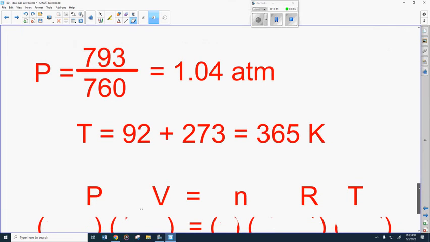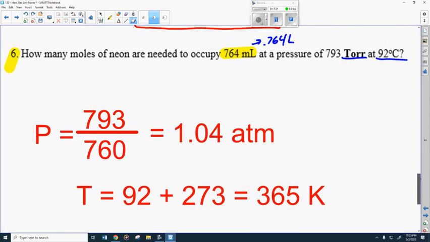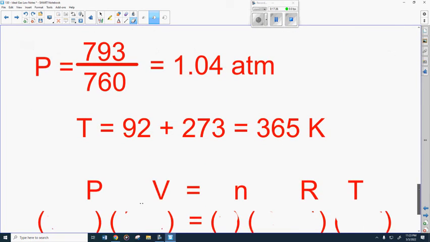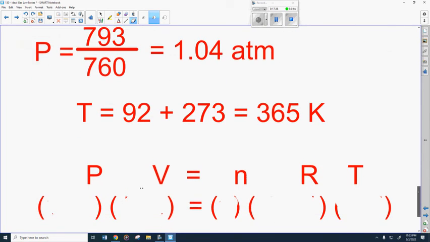So now I'm ready to plug everything in. I had 3 conversions there: milliliters to liters, torr to atmospheres, Celsius to Kelvin. So be careful. If you goof up any one of those and forget to convert them, your final value will be off. So make sure you are not sleeping on those units. So here I've got a pressure of 1.04, converted from my 793 torr. My volume is 0.764, not 764, because I want to go from milliliters to liters.